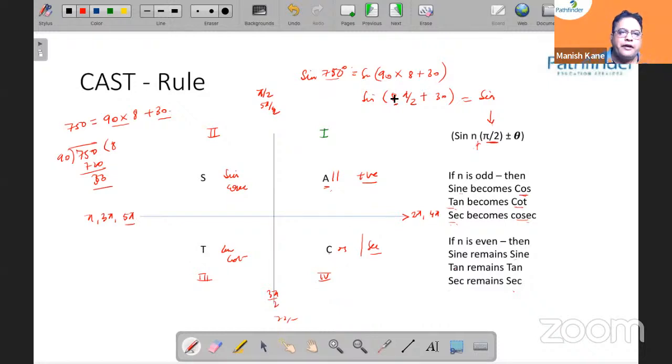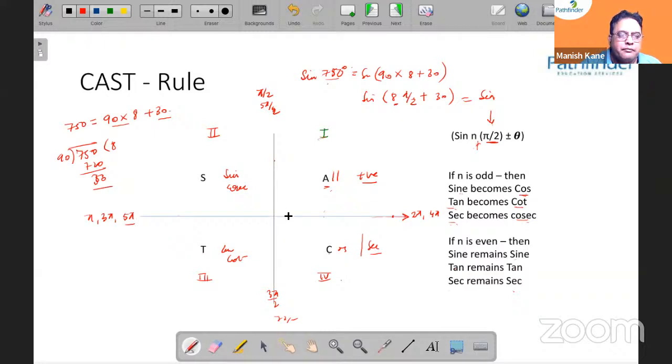So remember, we have 8 pi by 2 plus 30. So pi by 2, 2 pi by 2, 3 pi by 2, 4 pi by 2. Basically, you're going to complete 2 full circles. So you're back here. 8 pi by 2 means you're at 4 pi, along the x-axis, plus 30. So this angle 750 is in the first quadrant.